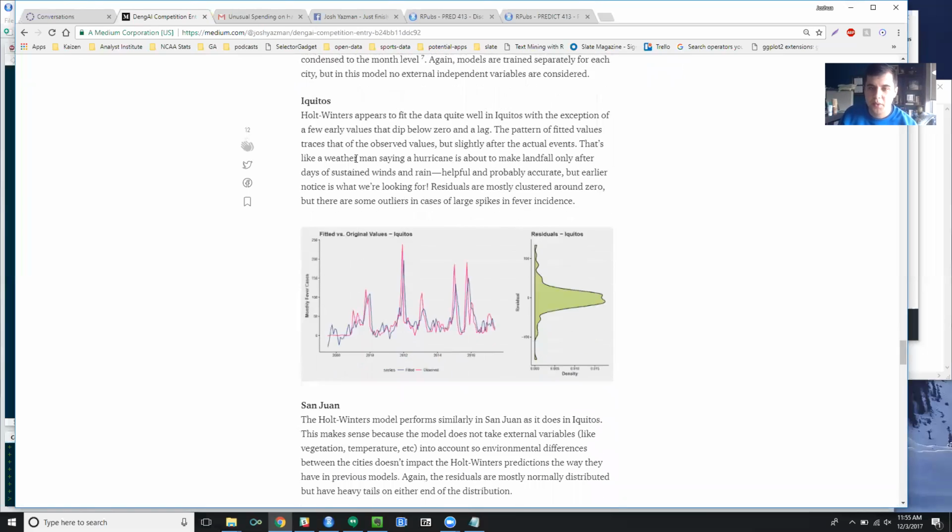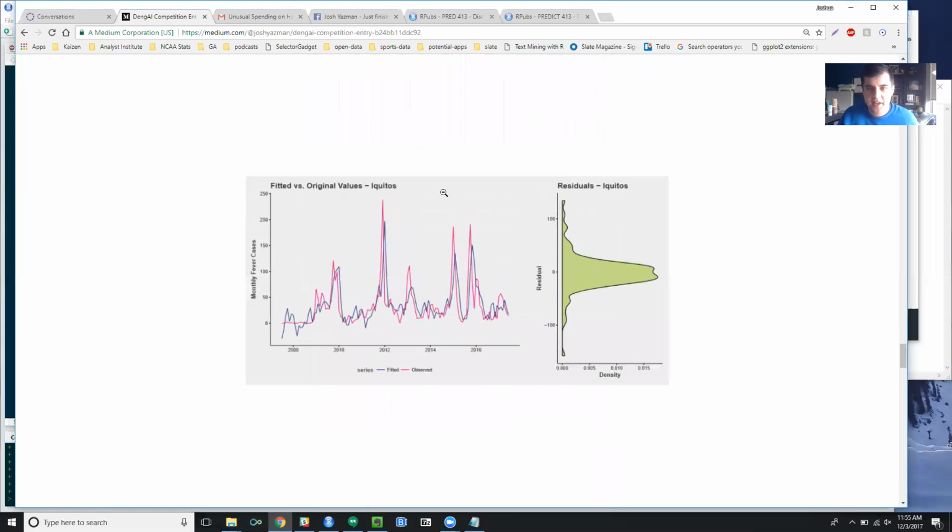And what do you know? We got a nice lagged fit to the data here. One of my gripes about negative binomial and ordinary least squares regression was that the data did not catch spikes, such as the late 2011, early 2012 dengue fever outbreak in Iquitos.